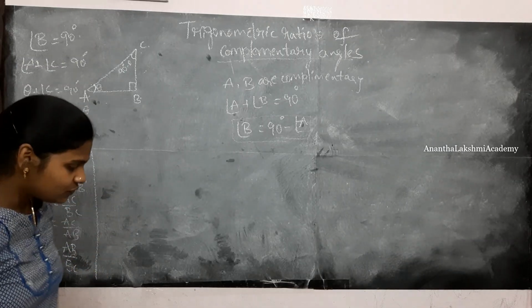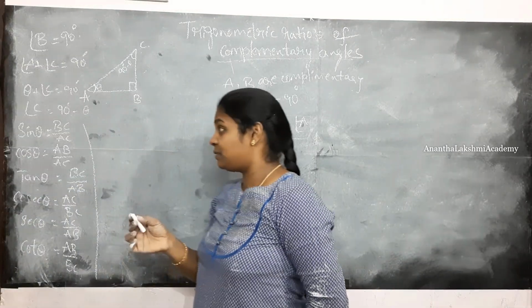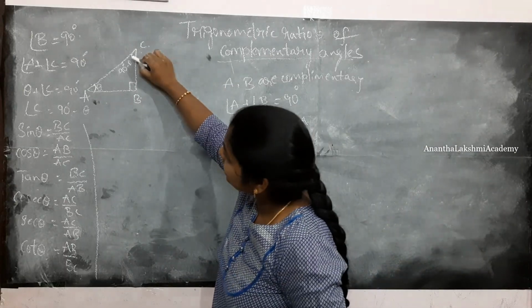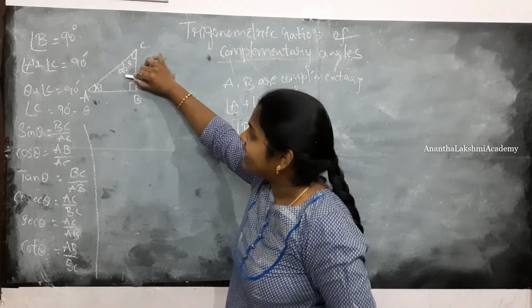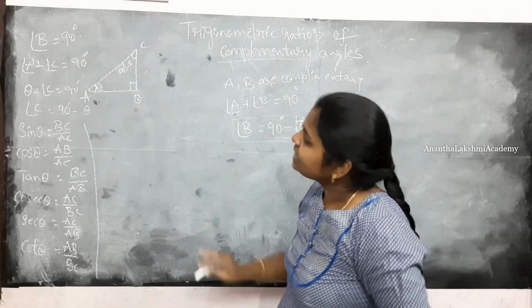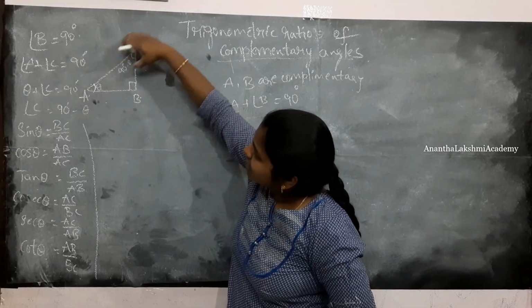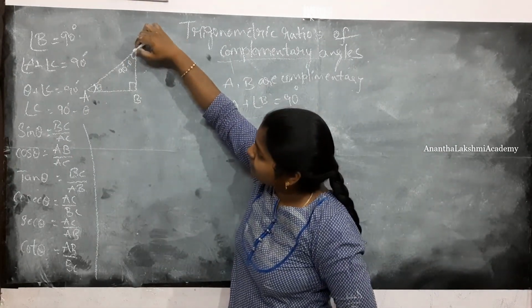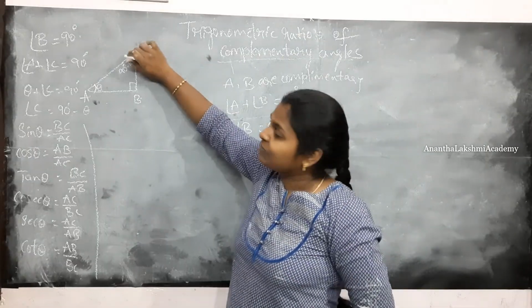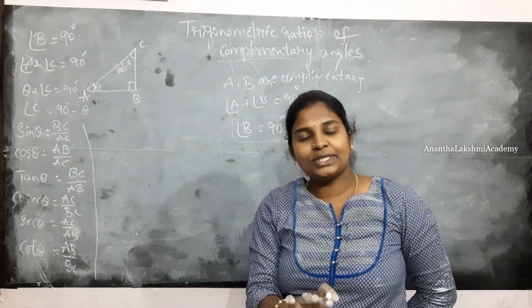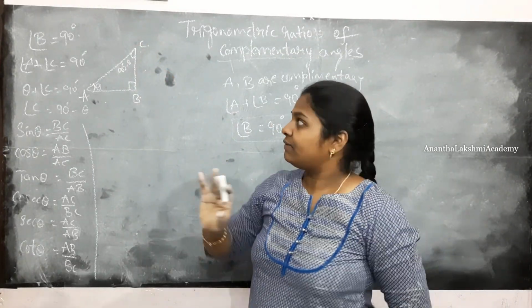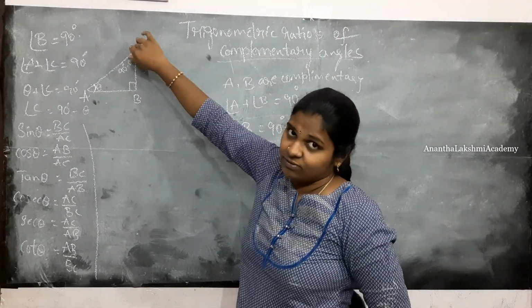So what are we going to figure out? Trigonometric ratios of complementary angles. What is the complementary angle that we figured out? 90 minus theta. That means we are looking at this triangle from the point C, from this perspective, with respect to this angle. In trigonometry, wherever the angle is, from that side we have to look.